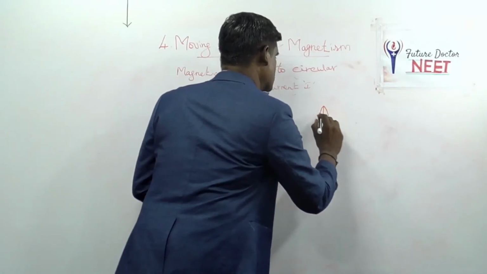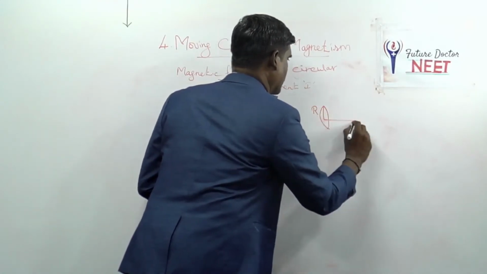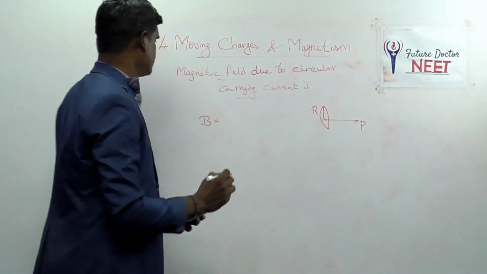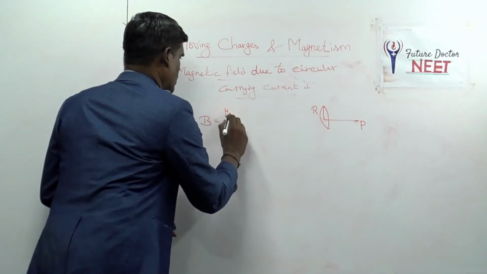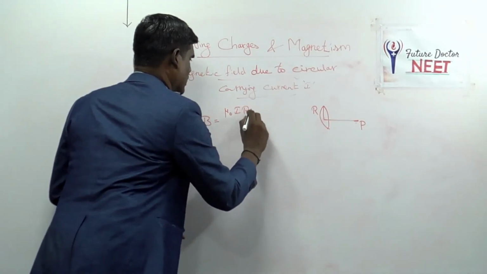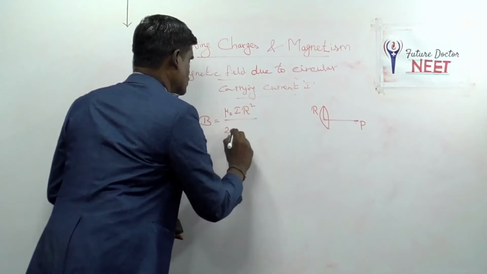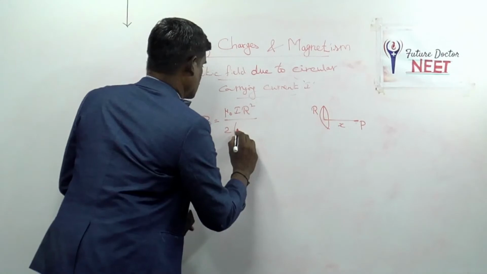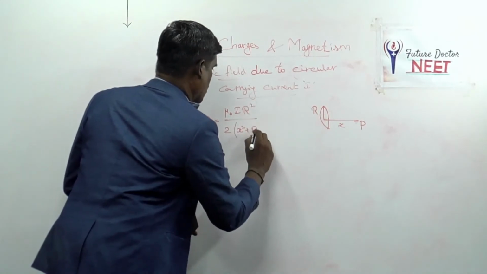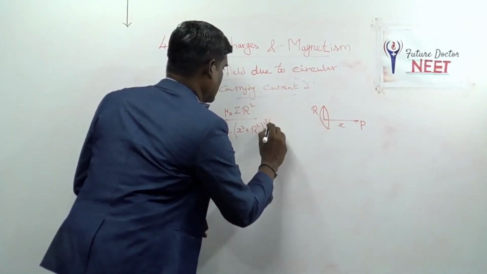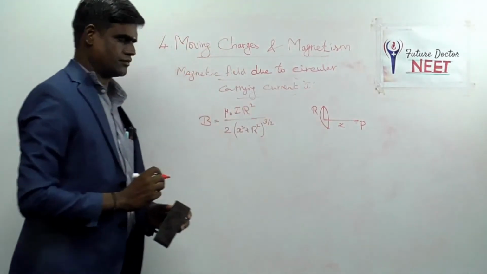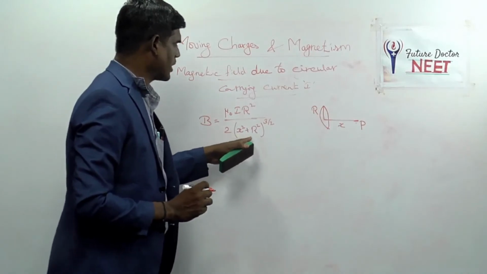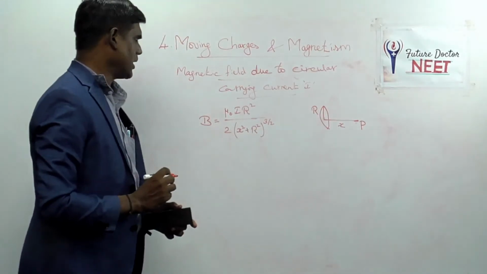R is the radius of the circular coil and we want to find the field at a point P. B equal to mu naught I R square divided by 2 into, x square plus R square whole power 3 by 2. Okay, B equal to mu naught I R square by 2 into x square plus R square whole power 3 by 2.